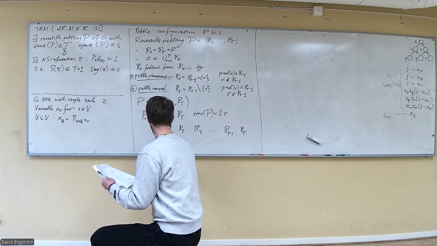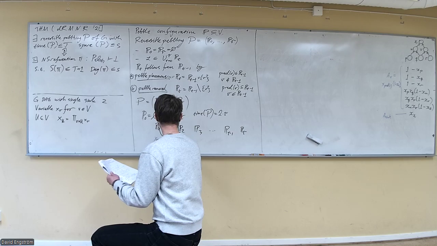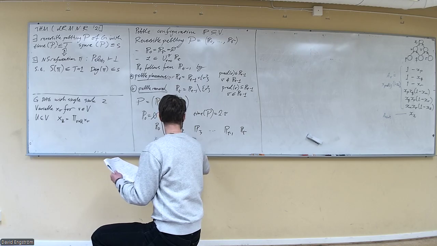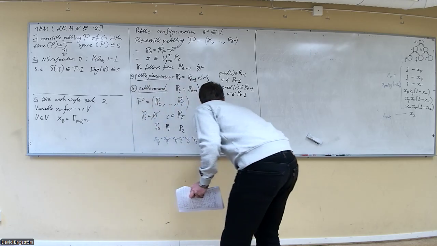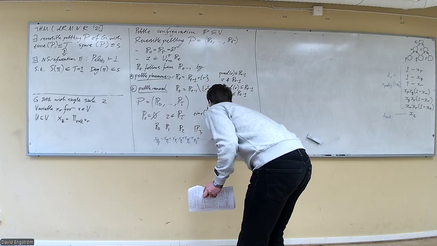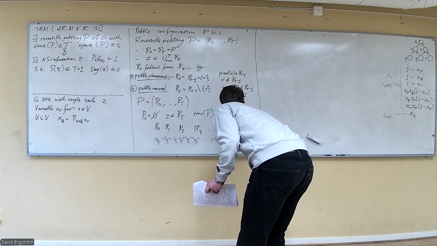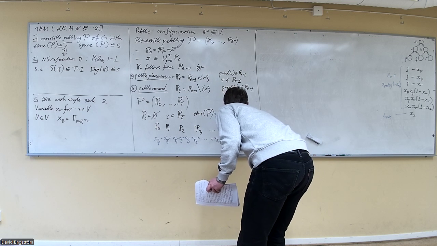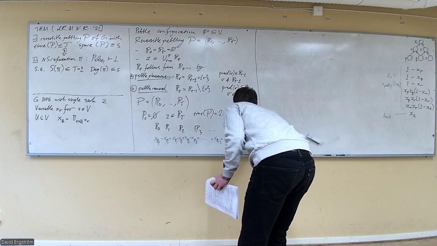Here I derive x p0 minus x p1 plus x p1 minus x p2 plus x p2 minus x p3 plus, let's see, what do we get? x p tau minus 2 minus x p tau minus 1 plus x p tau minus 1 minus x p tau.